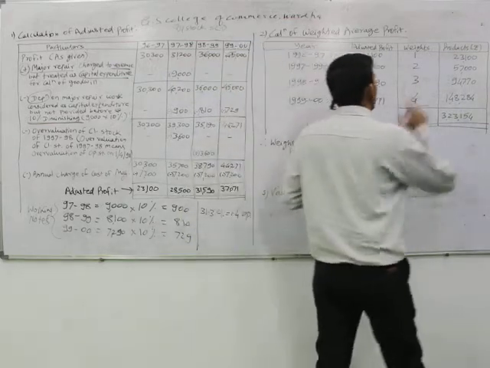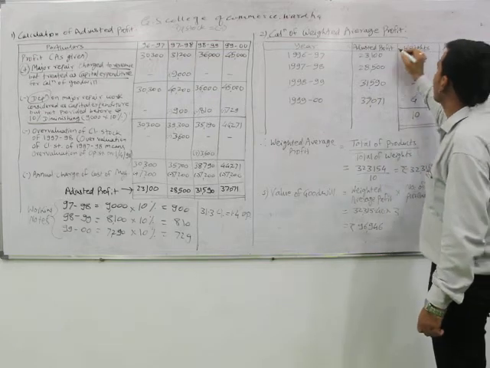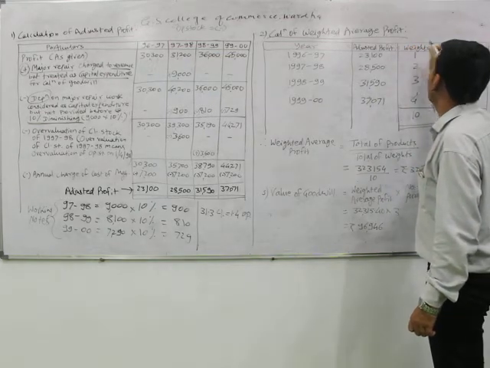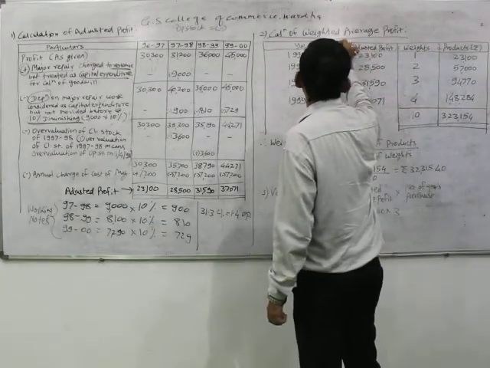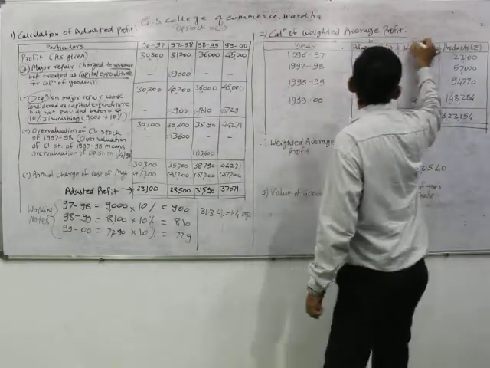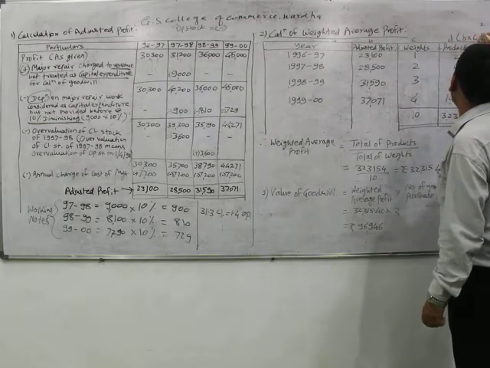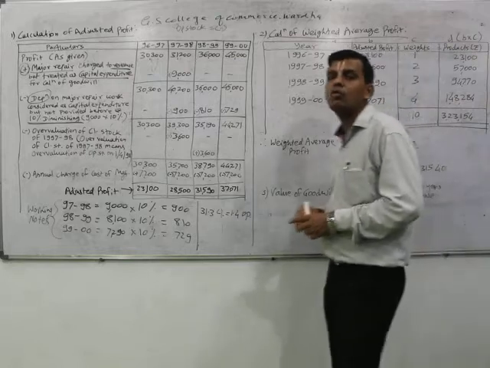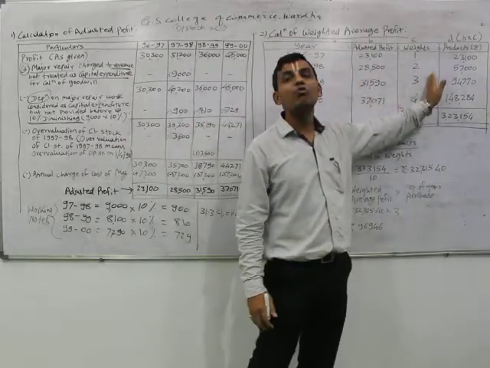So how are we going to calculate the product? It would be adjusted profit multiplied by weight. If I name the columns A, B, C and D, how can we calculate D? B multiplied by C. This is how we calculate our product, that is profit multiplied by weights.